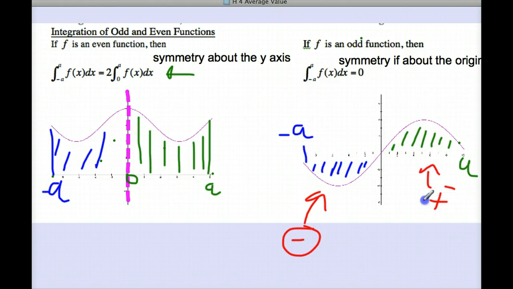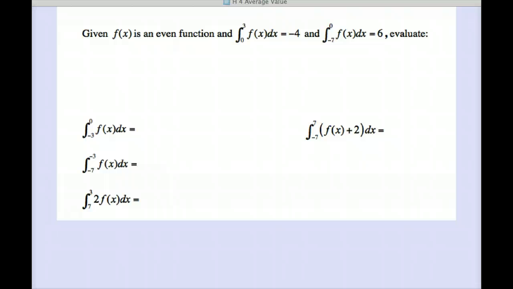This is above the x-axis, which has a positive area. When I end up adding those, if they have the same number, we always know that they're going to cancel each other out and give us 0. So by using these two properties, if I know a function is even or a function is odd, I can still find the integrals by using our typical rules.